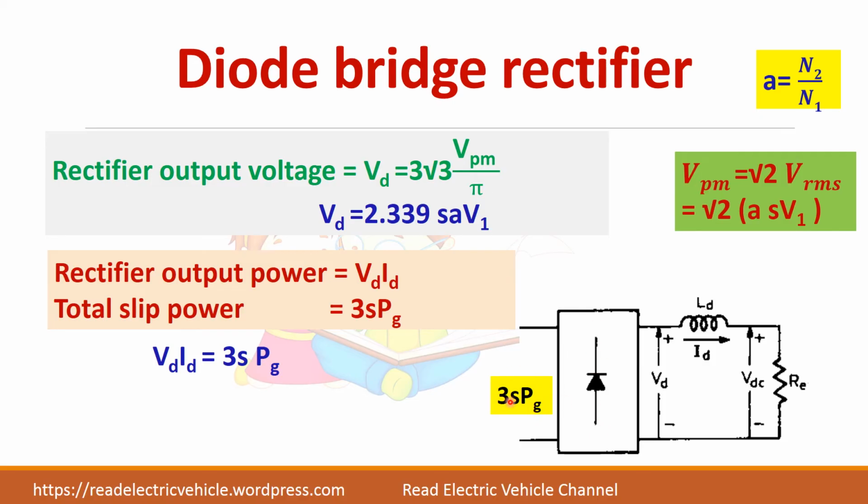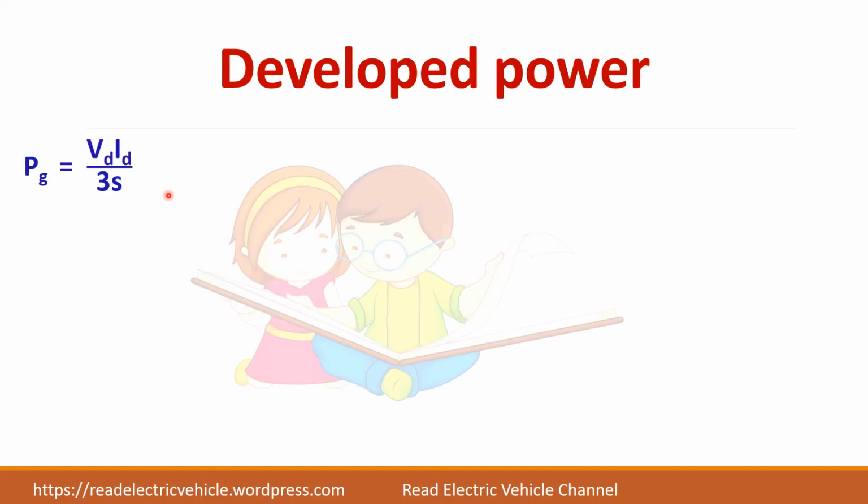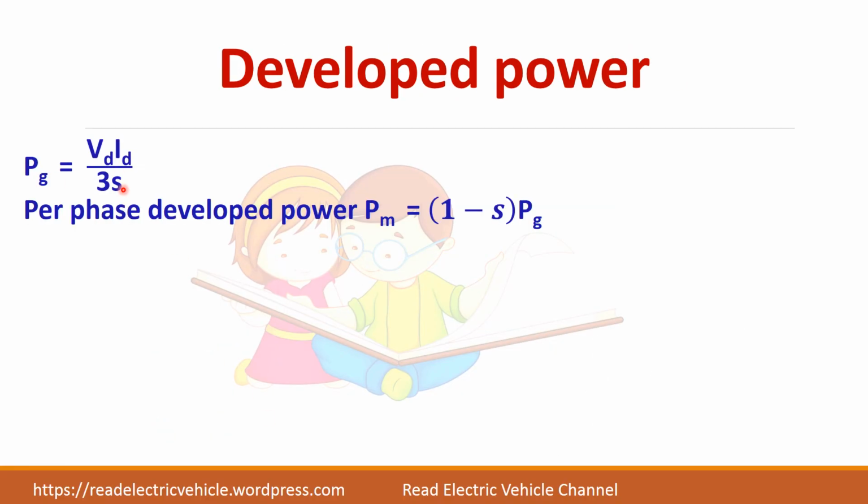That is, the input power is equal to output power if we assume that there is no loss in the diode bridge rectifier. So let us equate it. So you equate it and you find what is the air gap power PG. That is equal to VD ID divided by 3S. So PG we have calculated.